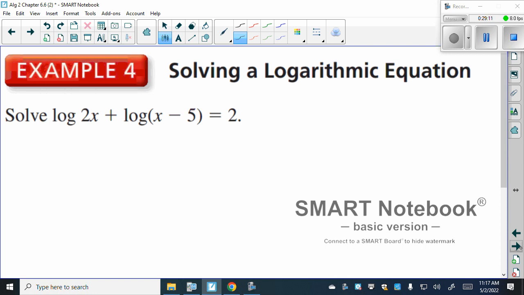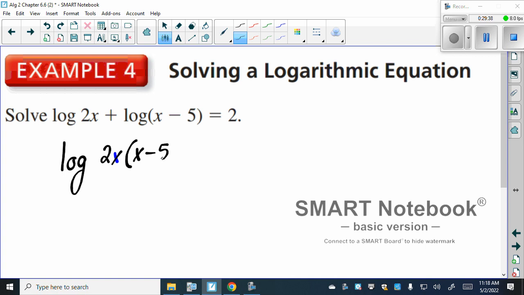Now, for any of these to work, we really need only one log, or one term on either side. Here we have 2, yes? But one of our other properties of logarithms stated if I have the same logs, not what's inside, but the same log here, log and log are the same, and they're being added together, we can rewrite it as a single log with what's inside being what?